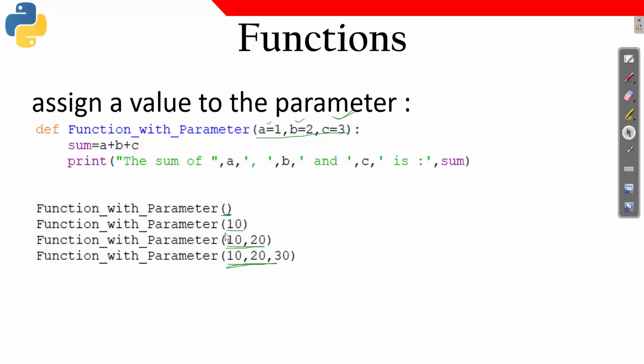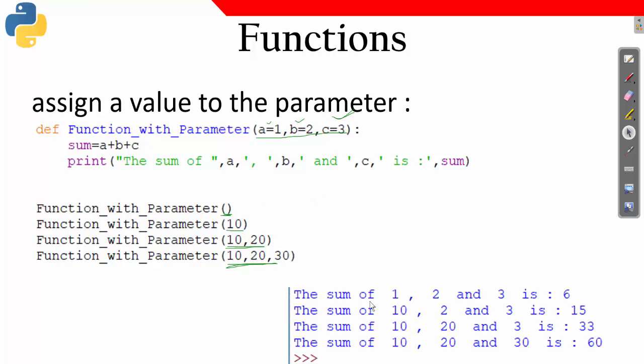And if only one parameter is there, obviously it is supposed to go to the first parameter, that is the a value. So you see here, whenever no parameter is passed, sum of 1, 2, 3 is taken. When only one parameter is passed, sum of 10, 2 and 3 is found. When the first two parameters are passed, sum of 10, 20 and 3 is taken.